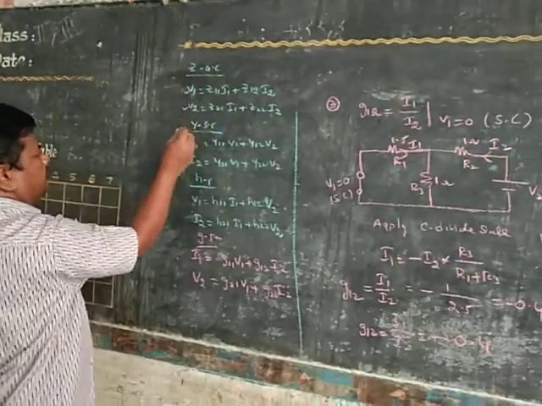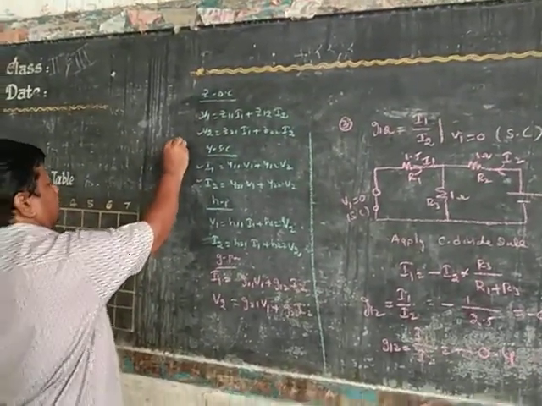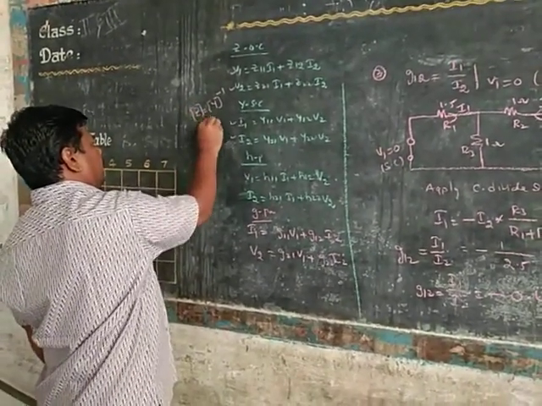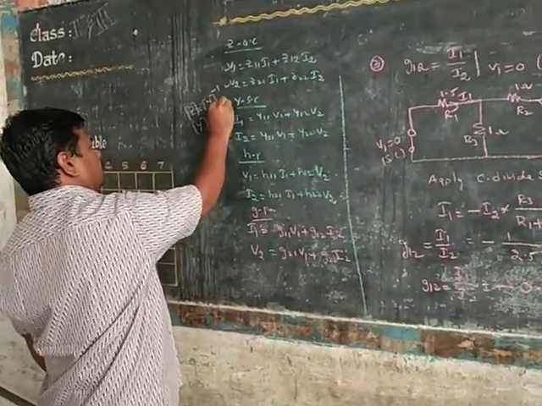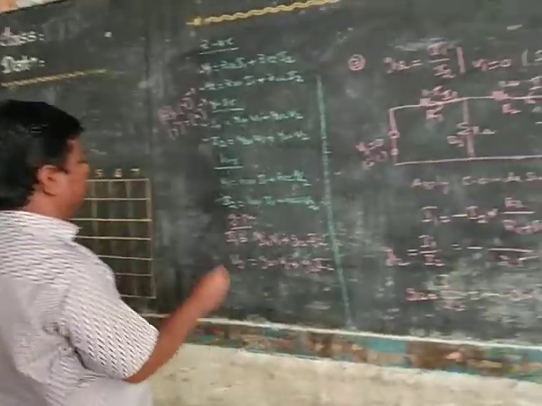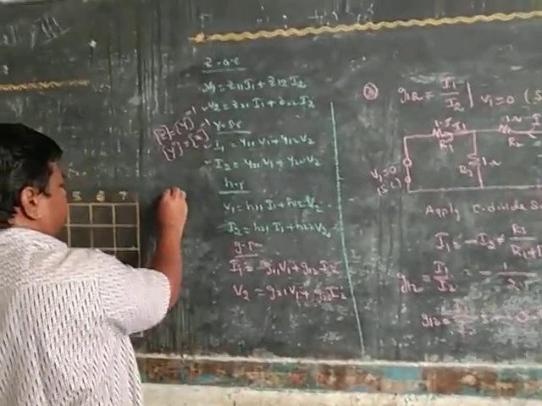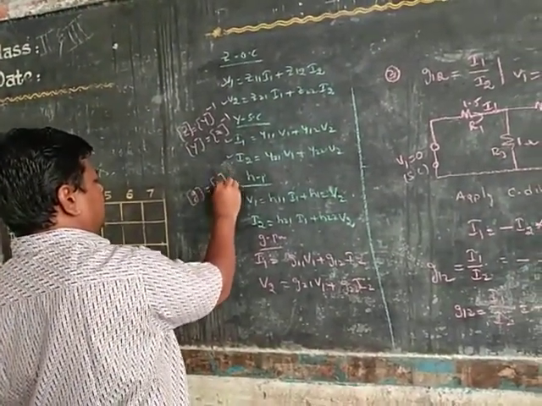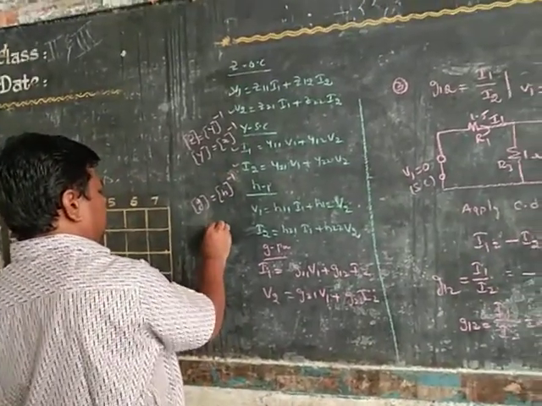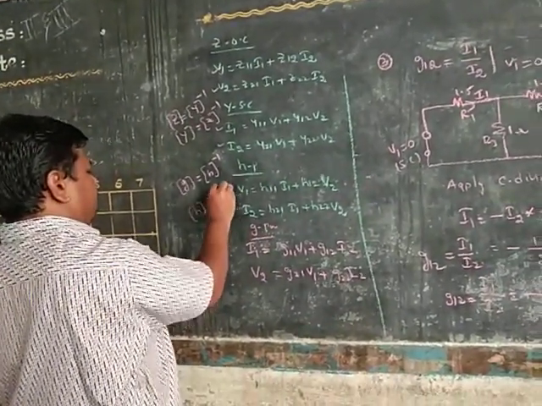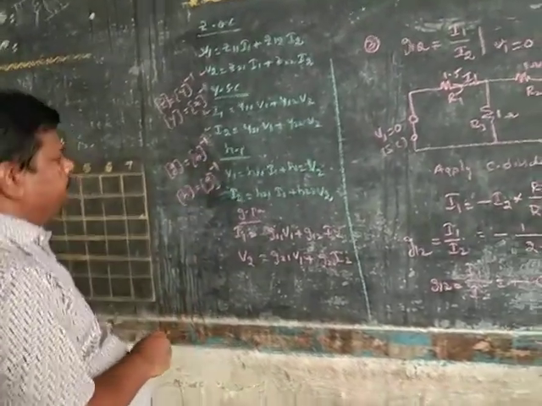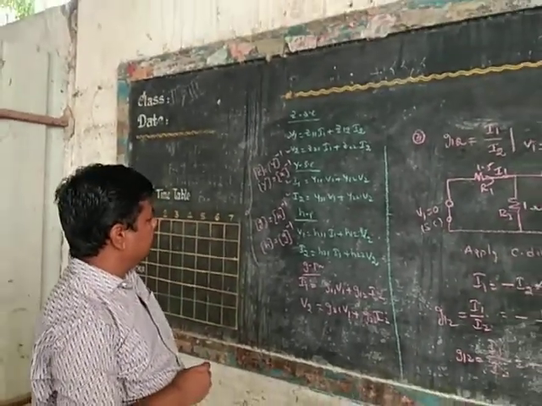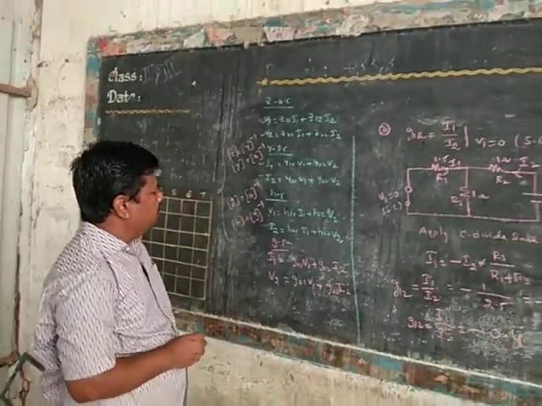The conversion between Z and Y is Z equal to Y inverse, and similarly Y is equal to Z inverse. Also for H parameters, all being 2 by 2 matrices, G is equal to H inverse. So remember this.